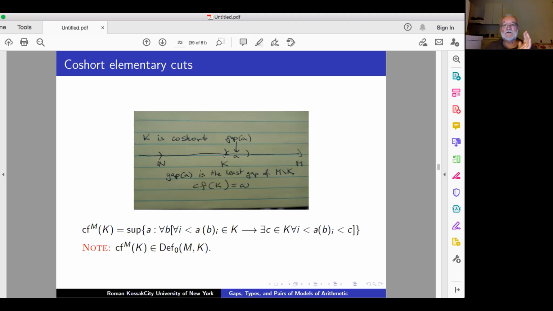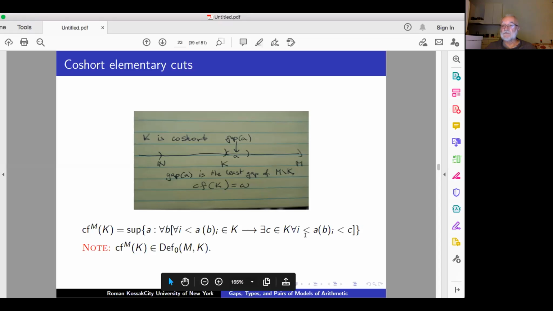But still, there is some doubt about cofinality. This is a combinatorial concept of cofinality, not set-theoretic cofinality, but arithmetic cofinality. Arithmetic cofinality of a cut or initial segment is the supremum of all those elements A such that if you have any coded sequence of length A whose terms are in the cut, then they are bounded.